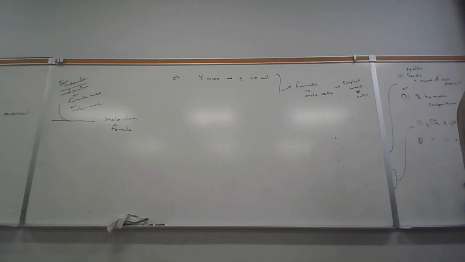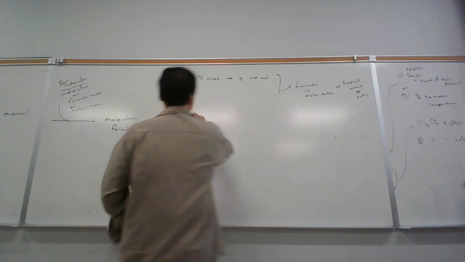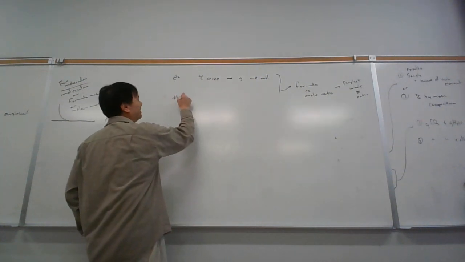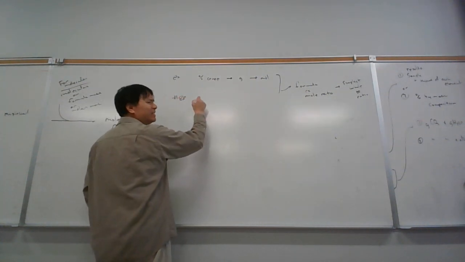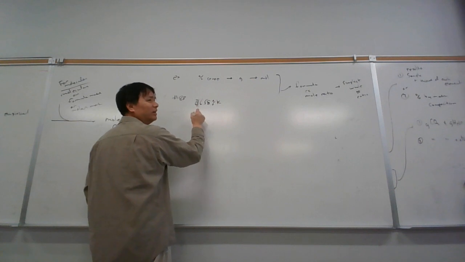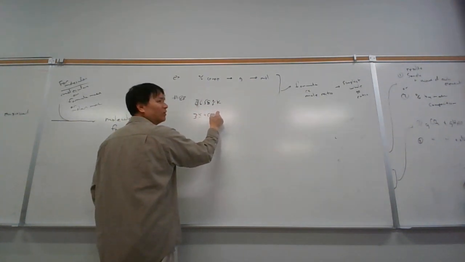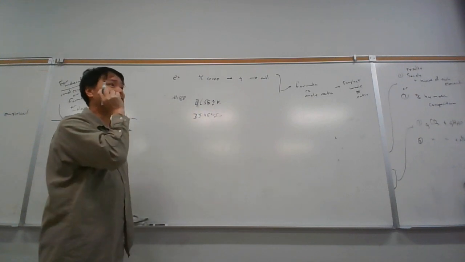All right, so number 88. By analysis, a compound was found to contain 26.58% potassium and 35.45% chromium by mass. The remainder was oxygen.